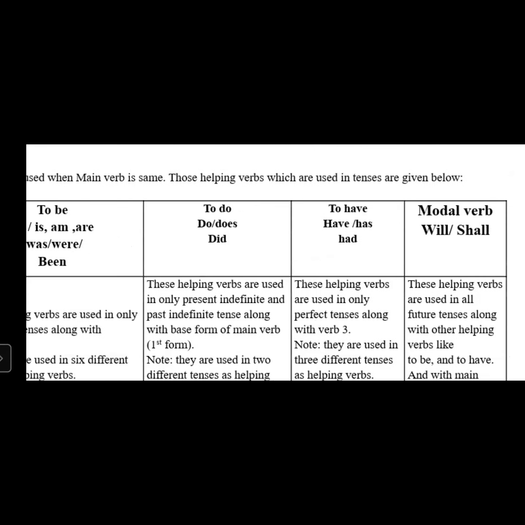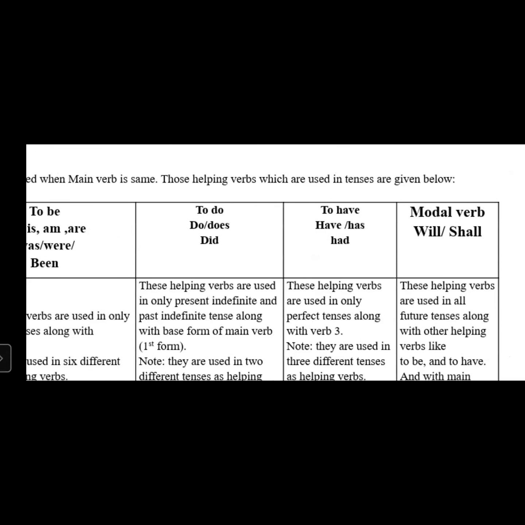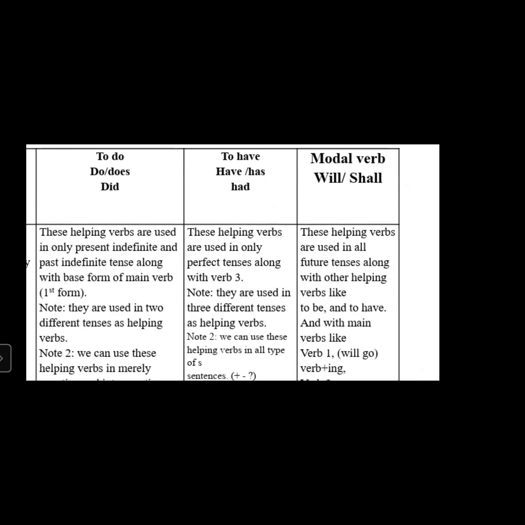Here, the to-have verb. So what is the function? I mean, what kind of main verb can come after have, has or had? तो verb ing के साथ तो to be verb आता है, तो verb 3 के साथ helping verb जो लगेगी वो have होगी, has होगी या had.